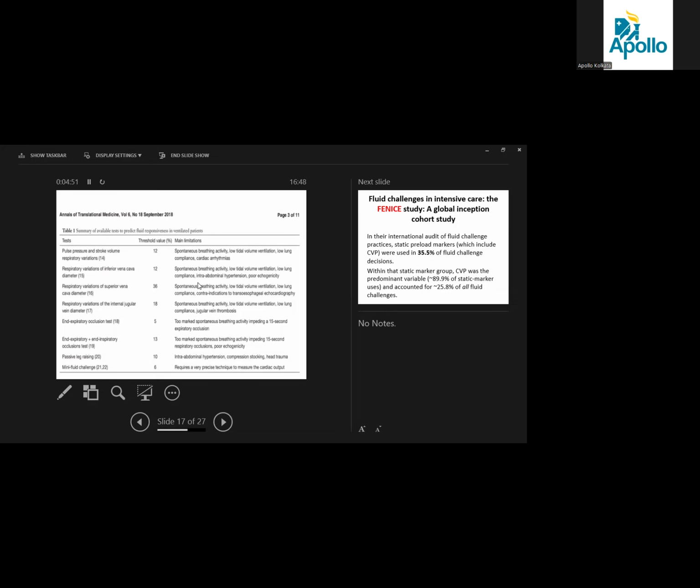Along with that, the other parameters are the respiratory variations of IVC diameter, SVC diameter, and IJV diameter, the end expiratory occlusion test, the passive leg raising test, and the mini fluid challenge test.